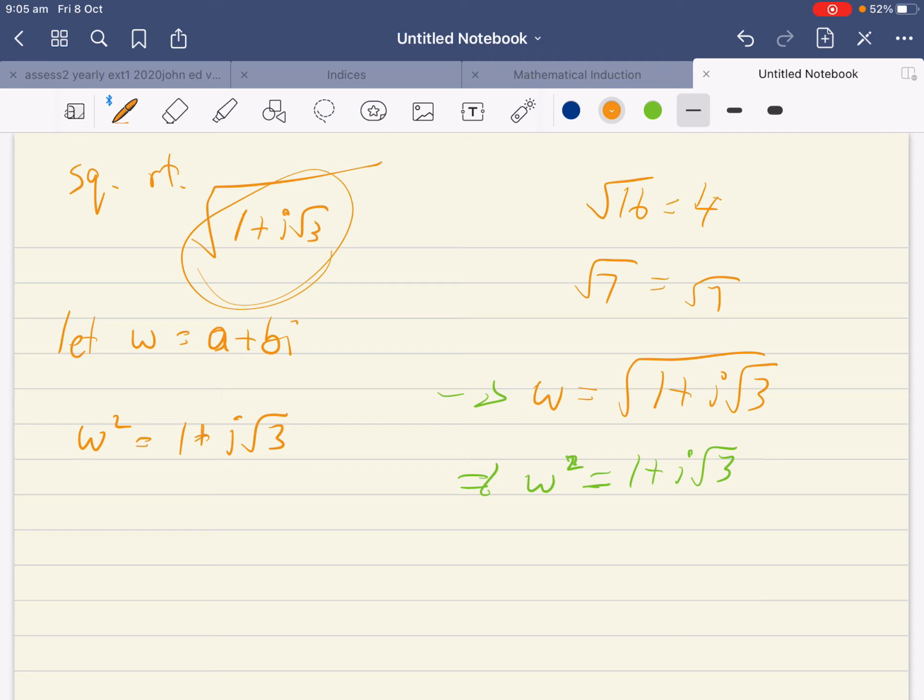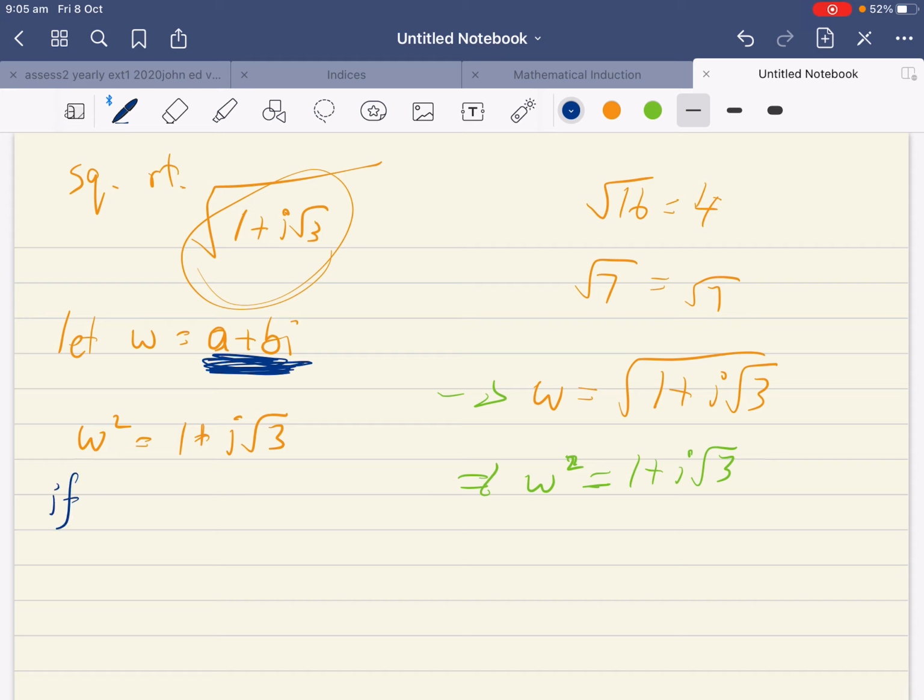Now, as I said, we're going to let this W be a plus bi, right? We're trying to find what this square root is. So what actually is W squared?